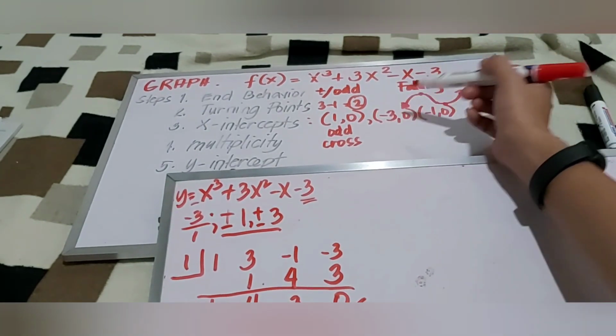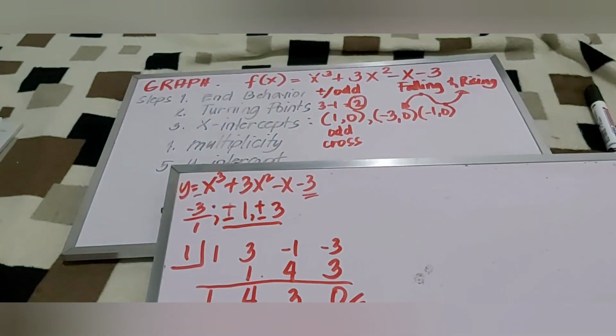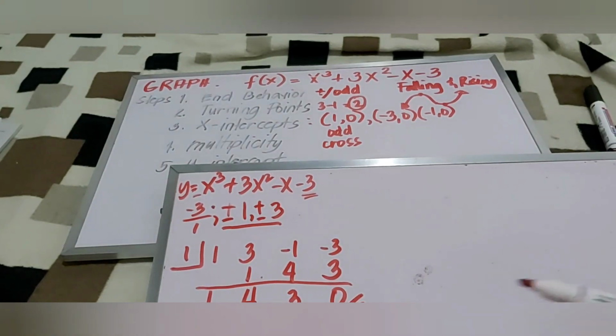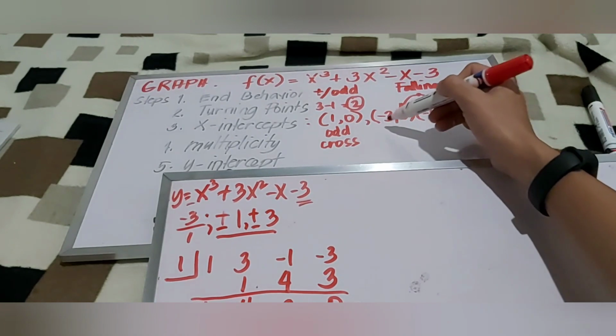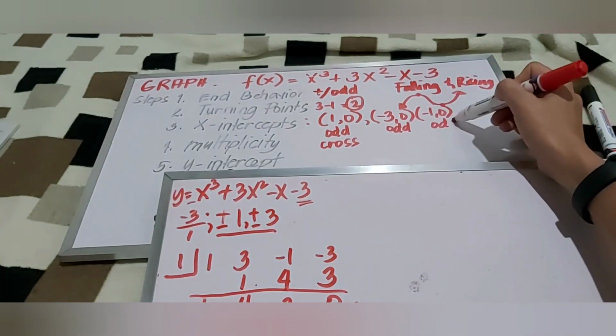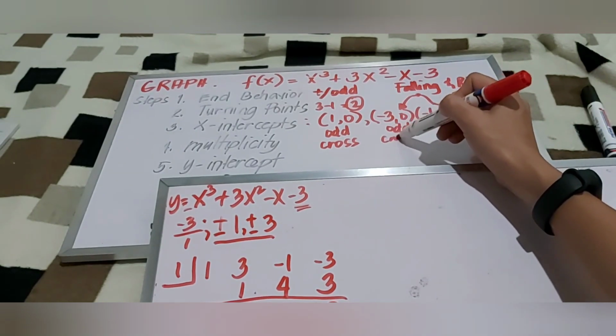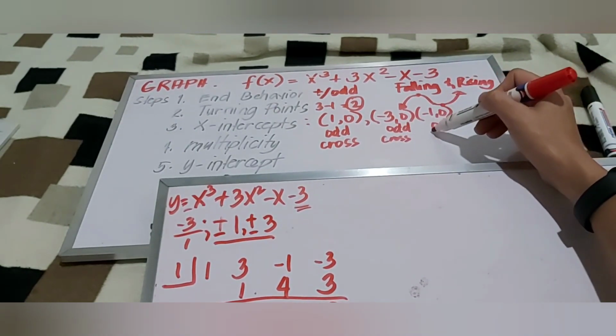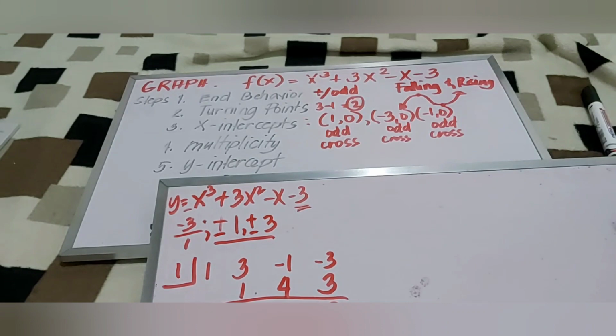So, sa negative 3 at yung negative 1, dito nanggaling yon. Sa x plus 3, x plus 1. Pareho din silang may exponent na 1. So, this is odd, kasi odd yung 1. So, again, on these intercepts ay mag-cross ang ating graph.